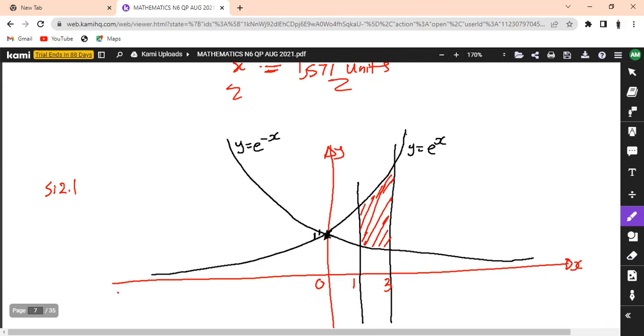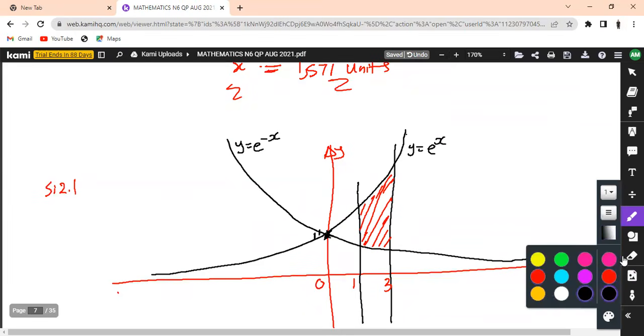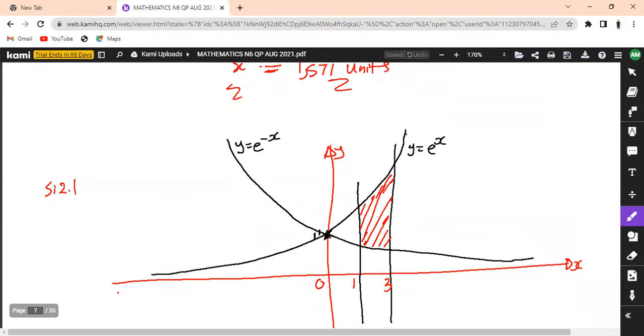So the representative strip definitely is going to be of this nature in between this area, something of this nature here. So that's what you're going to have at the end. All right.